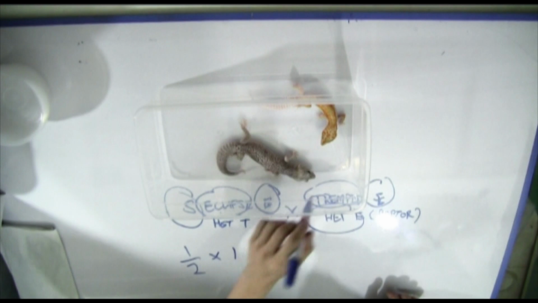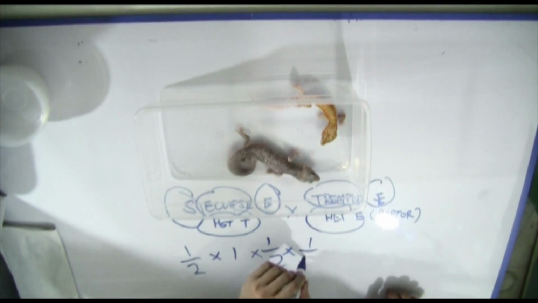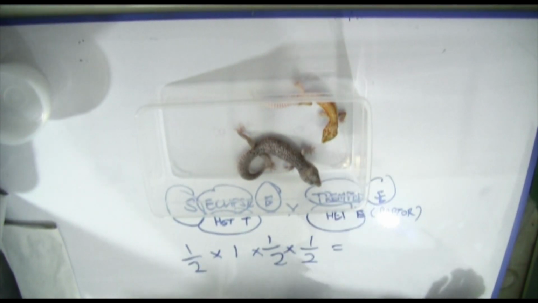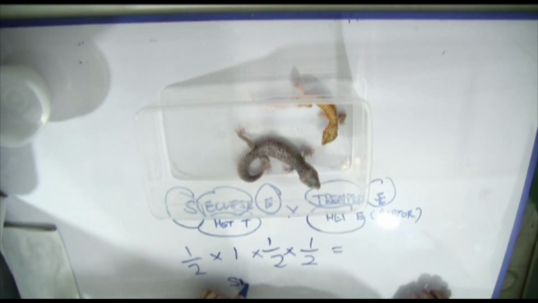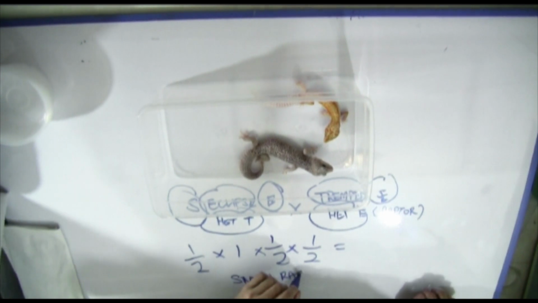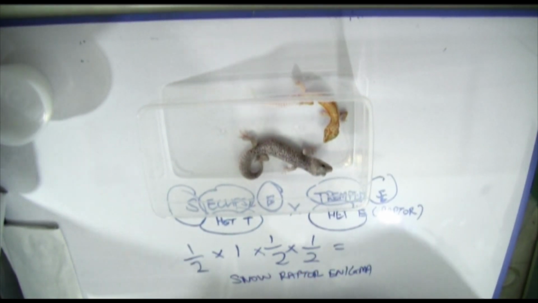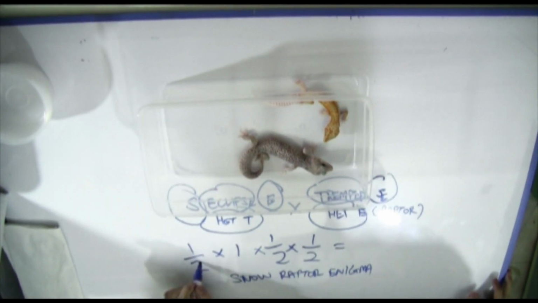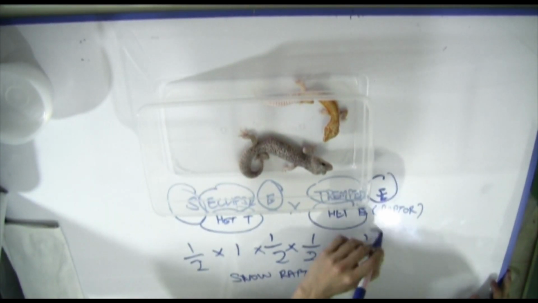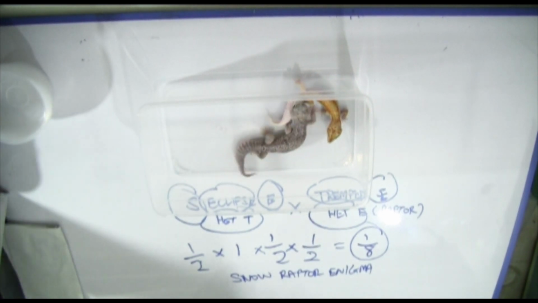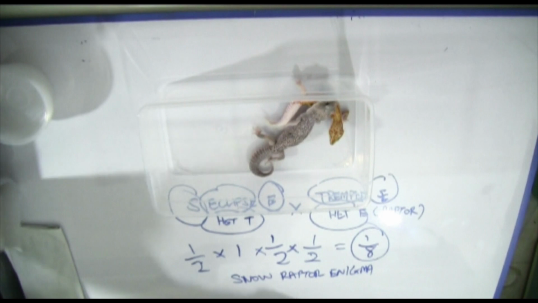A tramper to a het tramper, once again, will be another 1 over 2. So to make a snow raptor enigma, or basically the dream seeker as I showed earlier, it will be 1 over 2, 1 over 2, 1 over 2, 1 over 8. This will be the odds of producing the best outcome for this pairing.